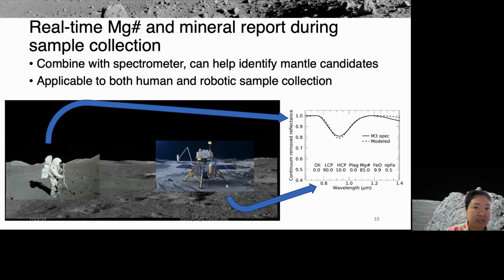For example, if you're in the South Pole-Aitken, you can quickly find which material has the highest magnesium number and the highest orthopyroxene content, or which one has the highest olivine content. And this will add a lot of accuracy in sample collection for both manned and robotic sample collection.